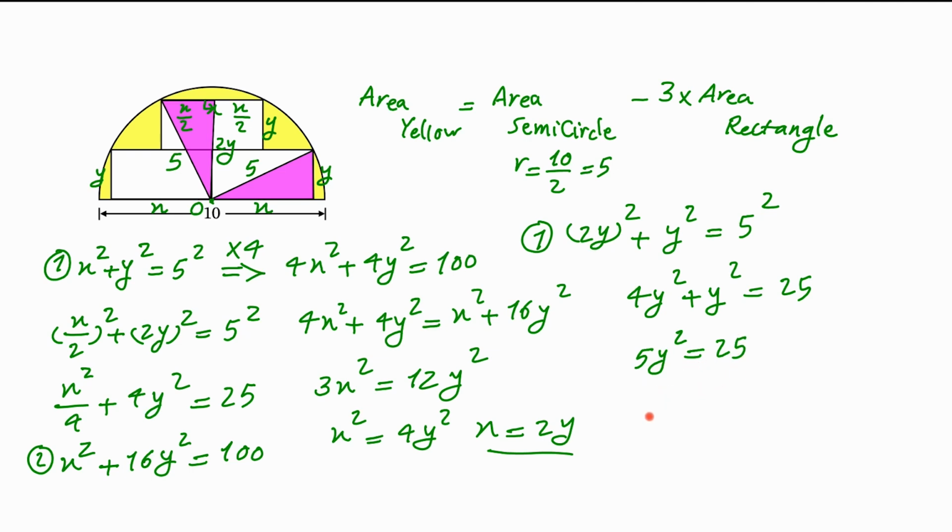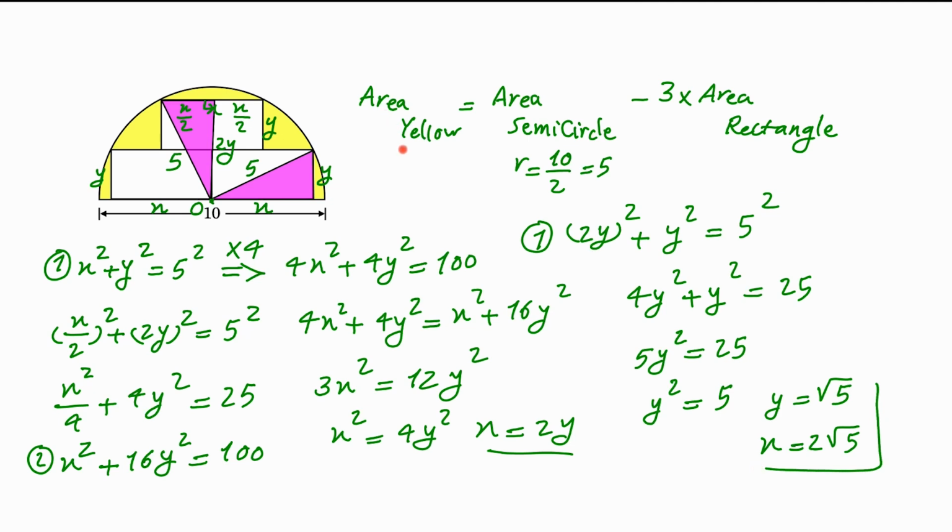If we divide both sides by 5, we get y squared is equal to 5, and if we take a square root from both sides, we have y is equal to the square root of 5, and we know that x is 2 times y, so x is equal to 2 square root of 5. So we have these two values.